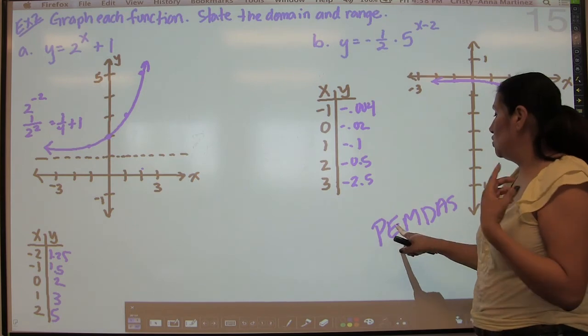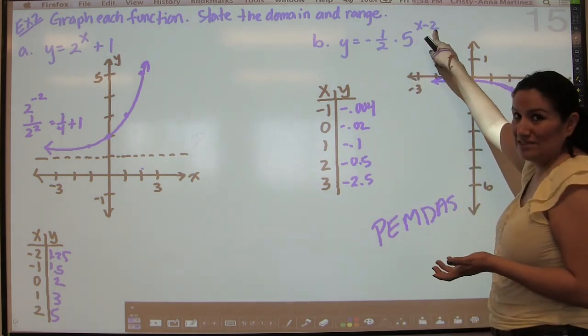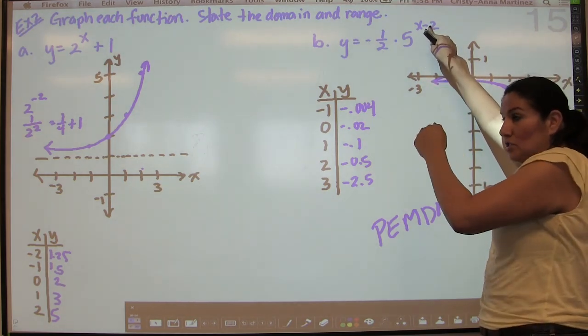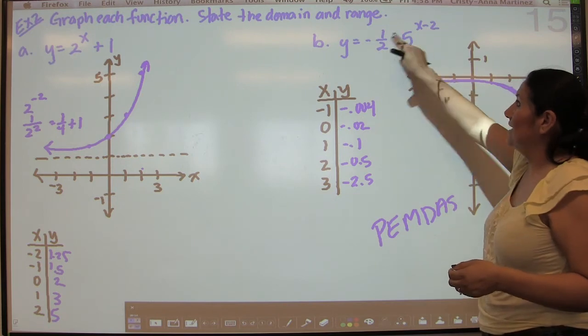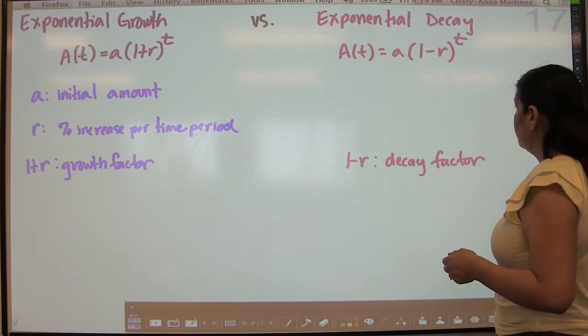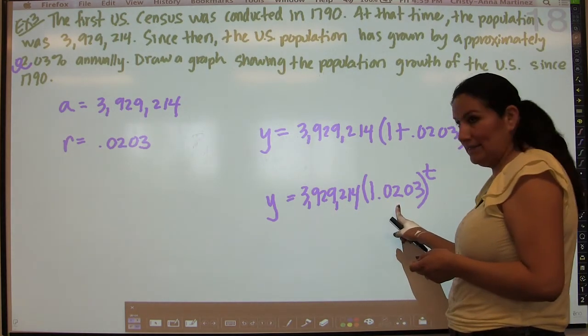So you actually want to do exponents first, which is why I kept plugging in 0 minus 2, for example, is -2. I would go 5 to the -2 power, do the exponent thing first, and then get my result and times it by the -1/2. So in a similar fashion, here, you don't want to go 3929214 times 1.0203.